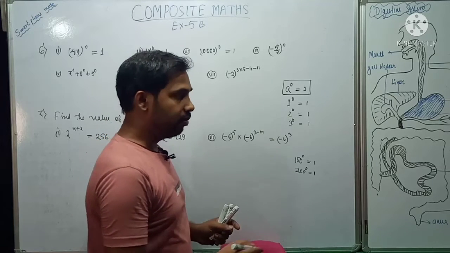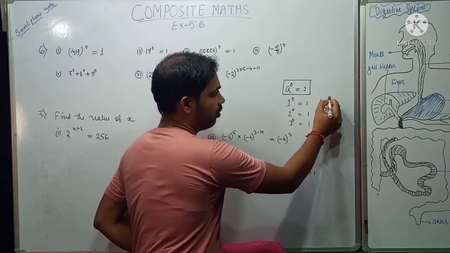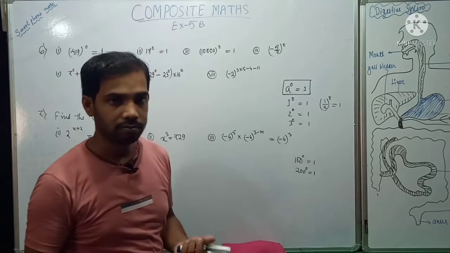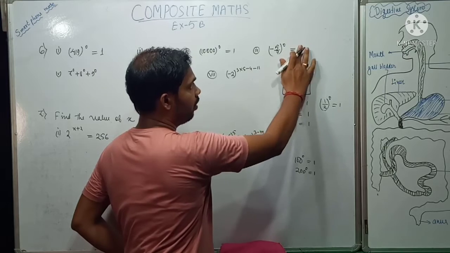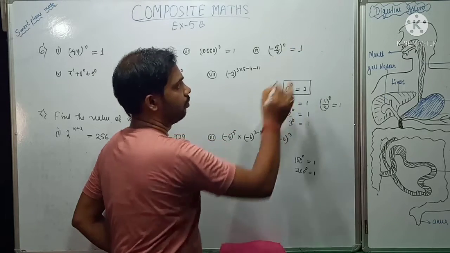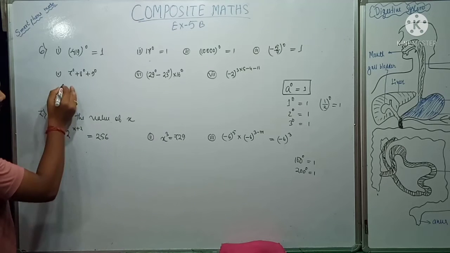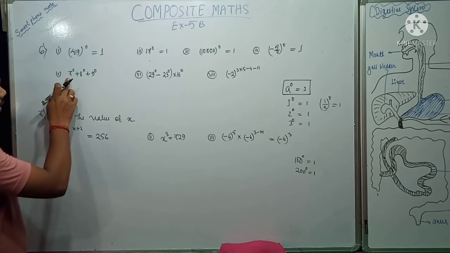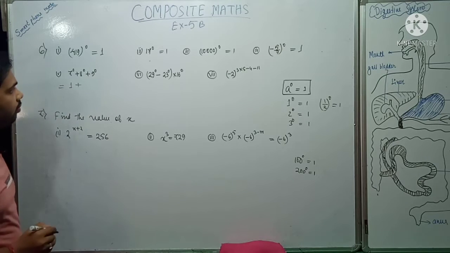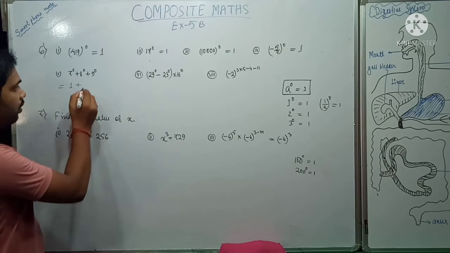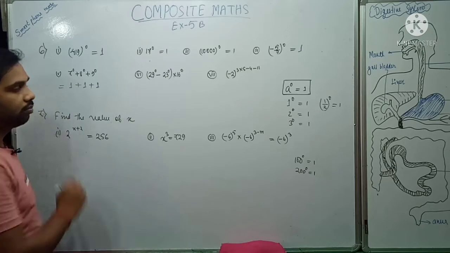Now if I write a fraction, like 1 by 2 whole power 0, then also it is 1. Simple. So minus 5 by 7 power 0 is also 1. Easy one. Okay, now see this one. 7 power 0 is 1 plus 8 power 0 is also 1 plus 9 power 0 is also 1.